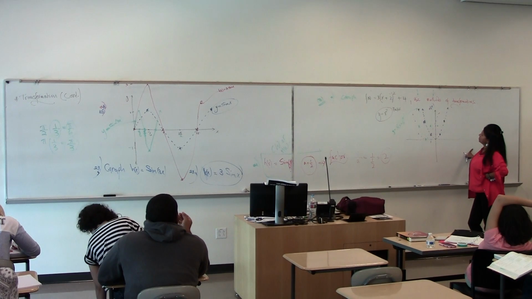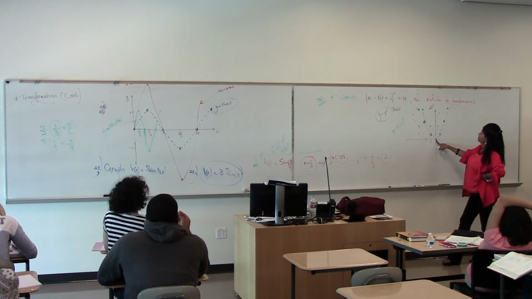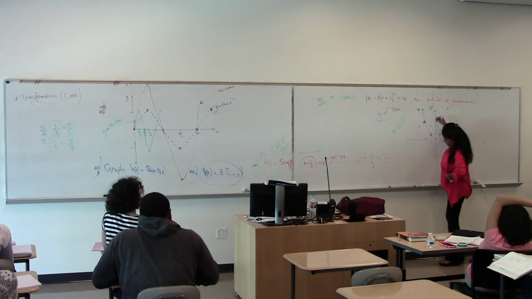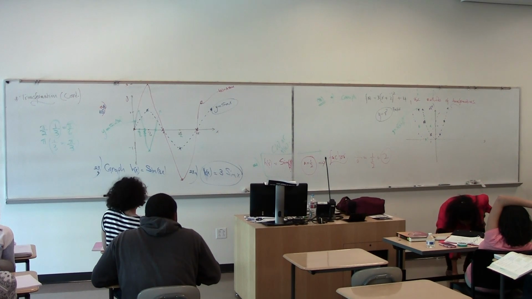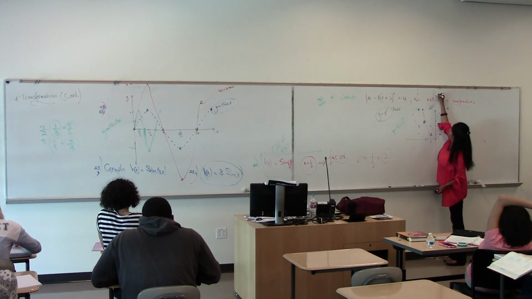That one was 0, 12. 0, right? Yeah, 0 and 12. So this is going to be 0 and 16. 12 plus 4 is 0 and 16.